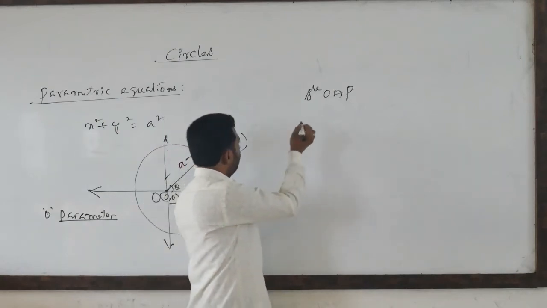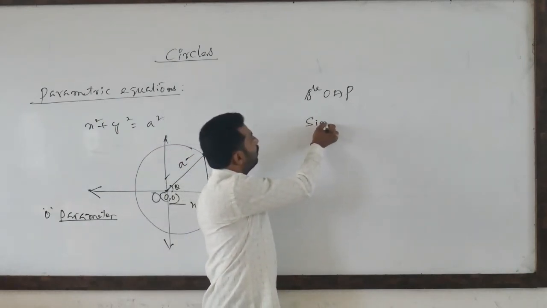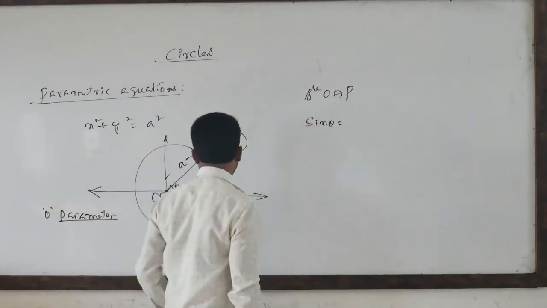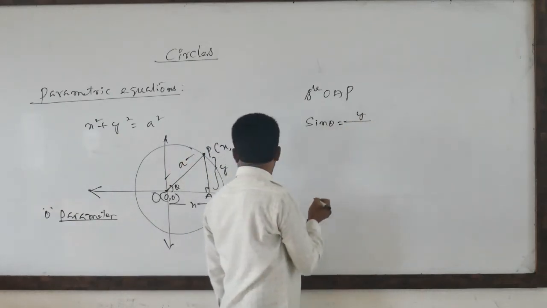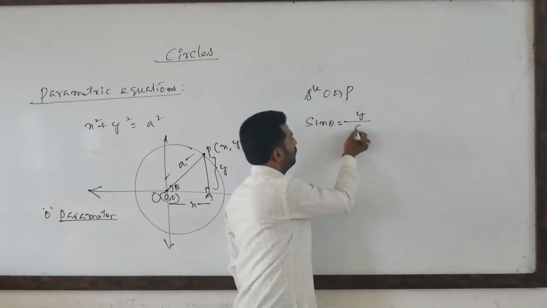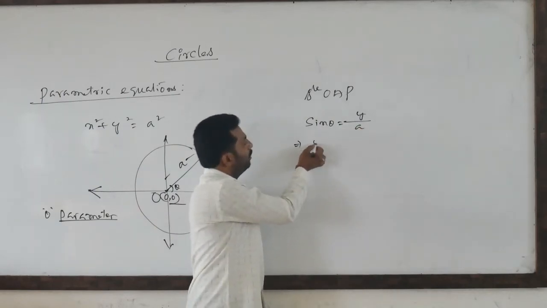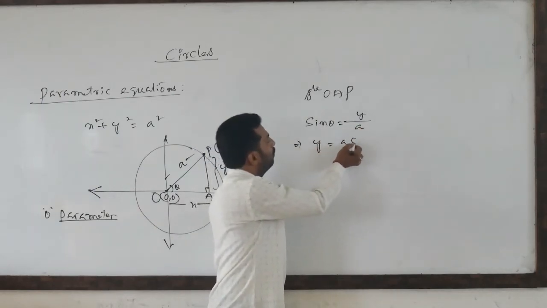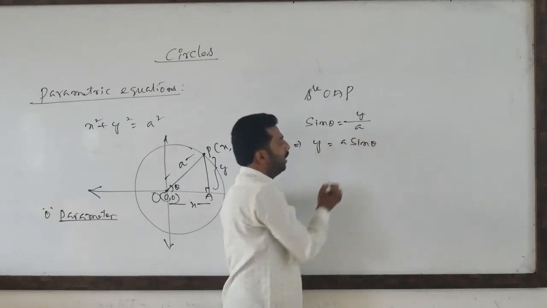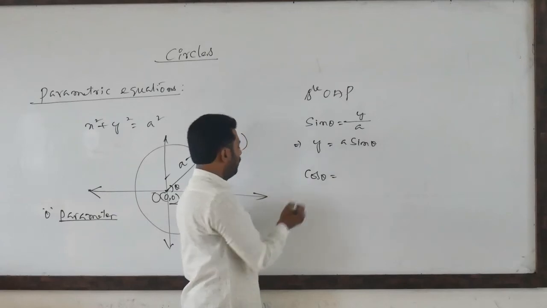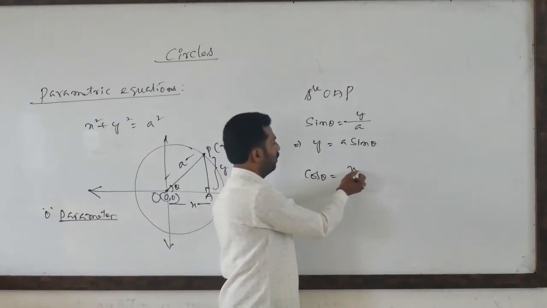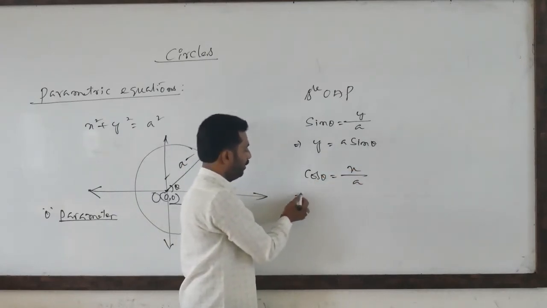From the triangle, sin theta first I will take. Sin theta is nothing but opposite side y by hypotenuse a. So from this, y is equal to a sin theta. Similarly, cos theta is nothing but adjacent side x divided by a.